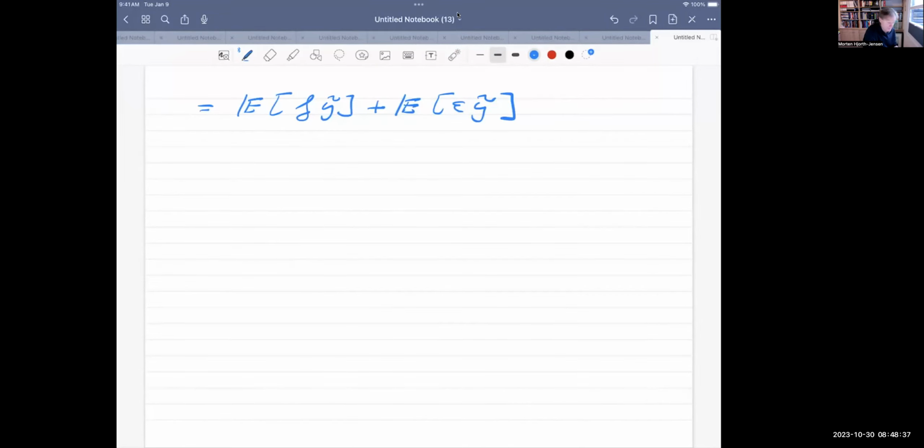Now, the first term is obviously just given by f times the expectation value of y tilde, plus the expectation value of y tilde, because they are variables which are assumed to not depend on each other, and then we will have epsilon here.